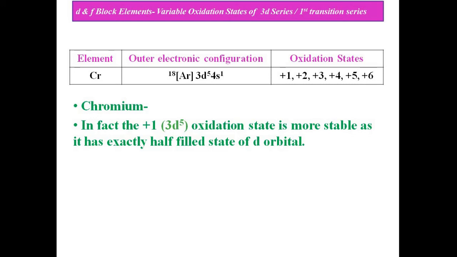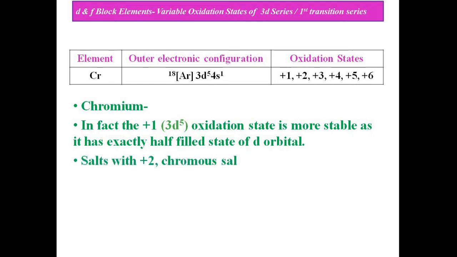When any orbital is exactly half filled or completely filled, that element will be more stable. So when chromium is in the +1 oxidation state, 3d, whose capacity is 10, is exactly half filled, 3d5, and chromium is more stable.